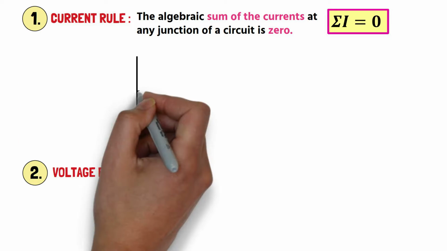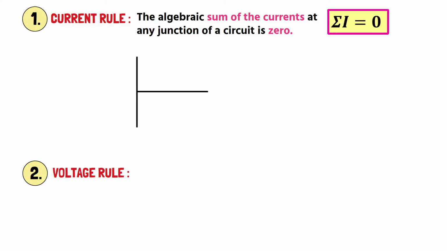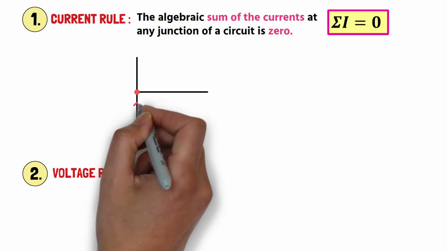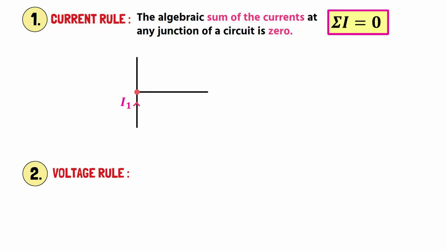Let's say ini adalah salah satu junction yang terdapat dalam satu circuit. So, kita tandakan dulu junction dengan satu dot. And look at here, we have the first current that enter the junction and we label the current as I1. And what happened when the current I1 enters the junction?